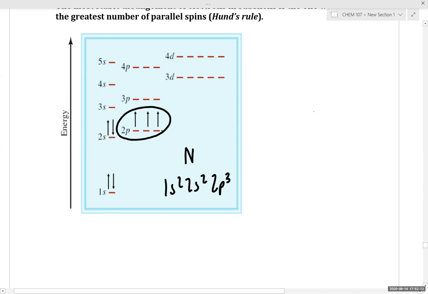We only pair our electrons if we have no empty orbitals of the same energy remaining. So in general, we fill empty degenerate orbitals first before pairing.